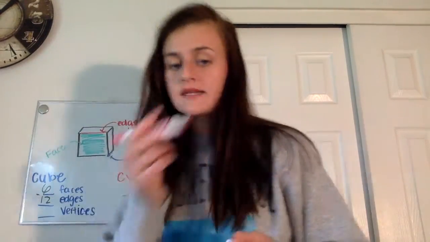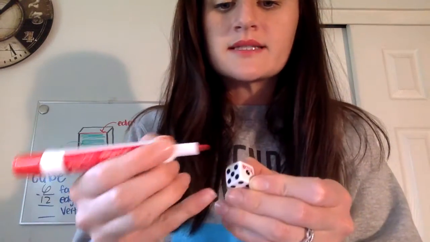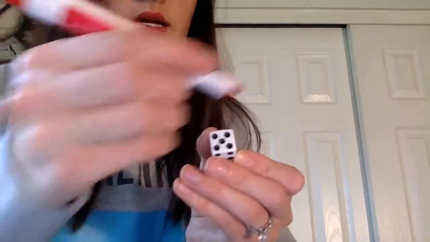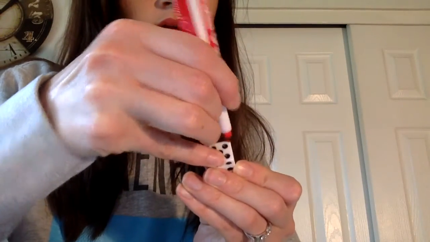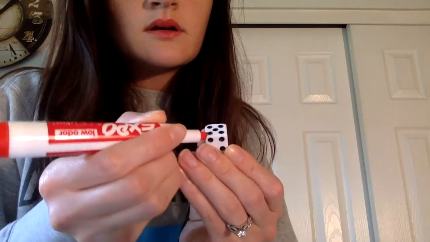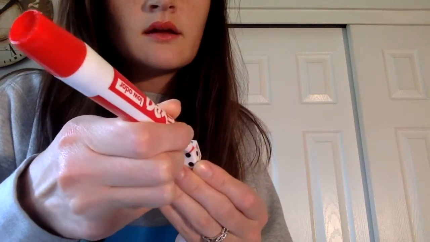Now, the edges are probably the toughest to count because it's hard to keep track sometimes. So you might have to count them more than once, but that's okay. Now let's lastly count our vertices. Remember, our vertices are these points where the edges come together. Let's count them. We'll start the same way we did before. So we have 1, 2, 3, 4.